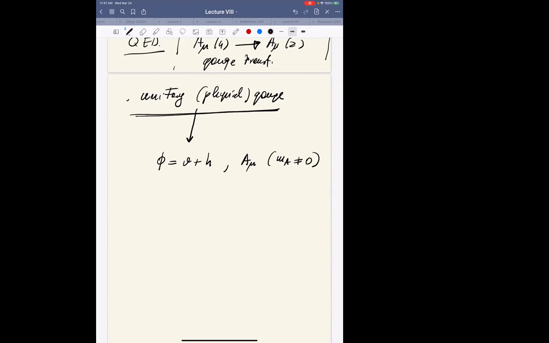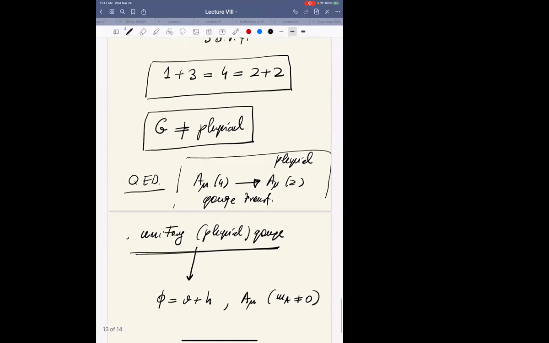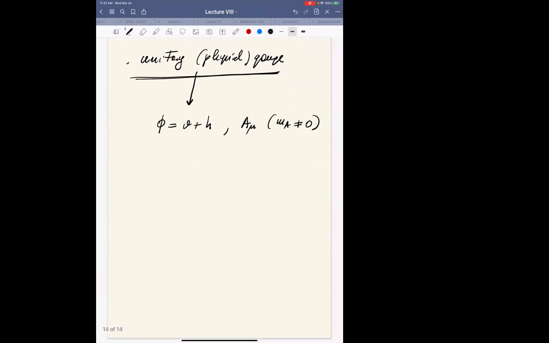Notice this is beautiful. A unitary gauge or physical gauge, where you can read which are the physical degrees of freedom, is extremely useful. So in this gauge, you can get immediately the physical picture. The physical degrees of freedom, the real, true degrees of freedom. So if you want to see what your theory is describing, go to unitary gauge.